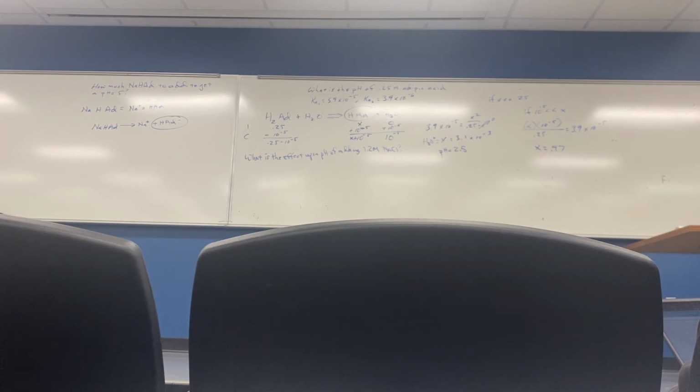When NaCl breaks up, what do we get? Na+ and Cl-. Do we have a common ion between my lactic acid and my sodium chloride? No. So what's the effect on the pH? None. Nothing, because there's no common ion.